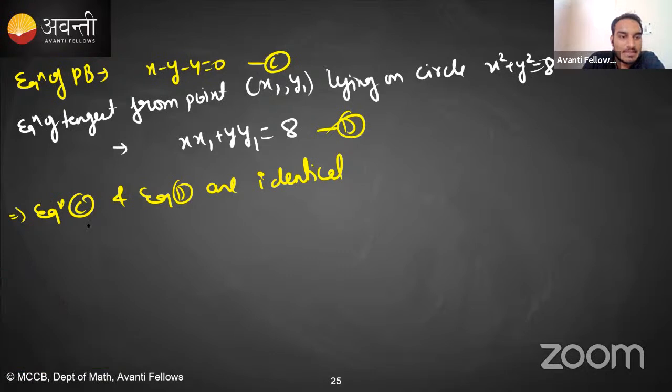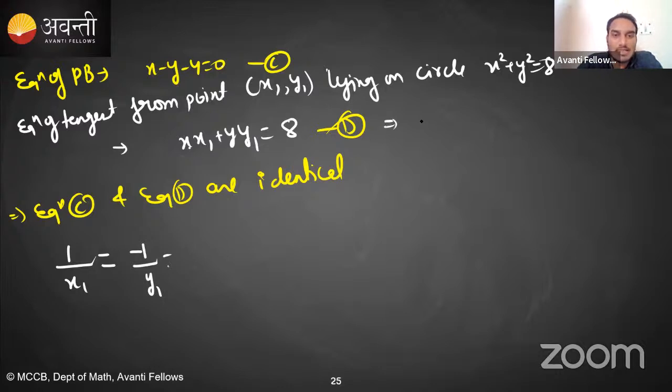So coefficient of x here is 1 upon coefficient of x in equation D, which is x1, is equal to coefficient of y, which is minus 1, upon here coefficient of y is y1. Now make sure your constant term should be on the same side, either on the left side or on the right side.